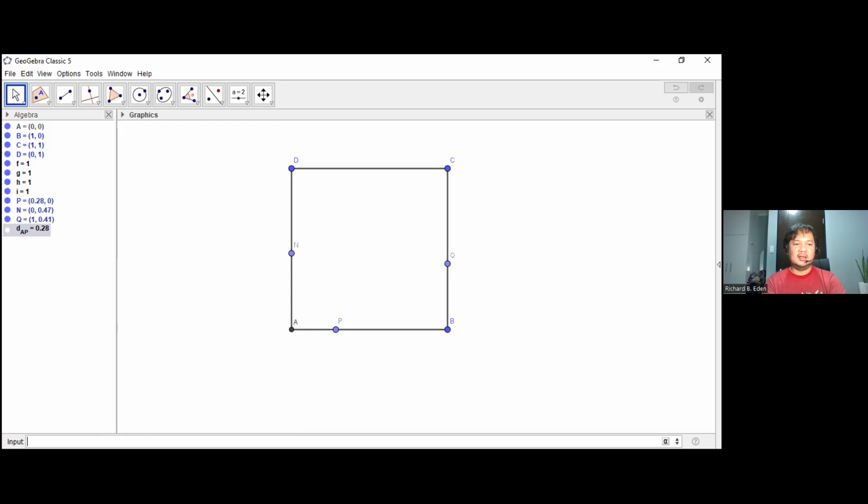And then the distance from A to N will be the y coordinate of point N. So y of N, that's the GeoGebra command.